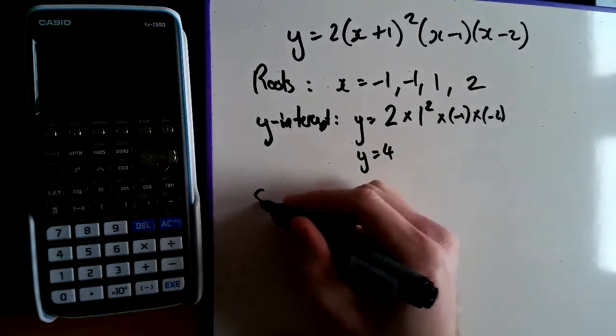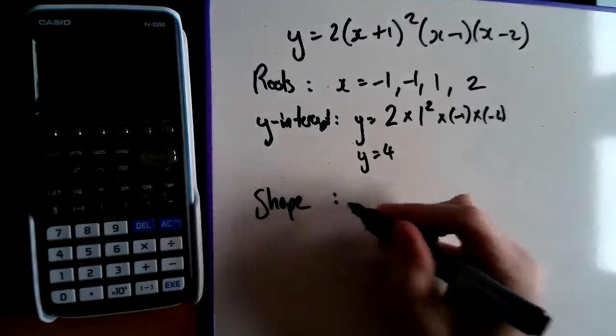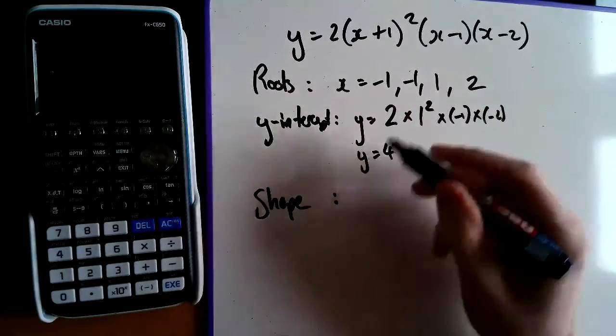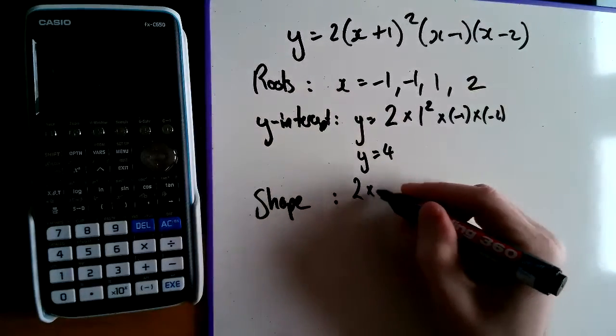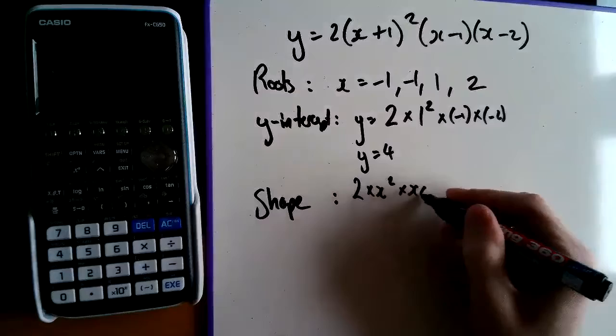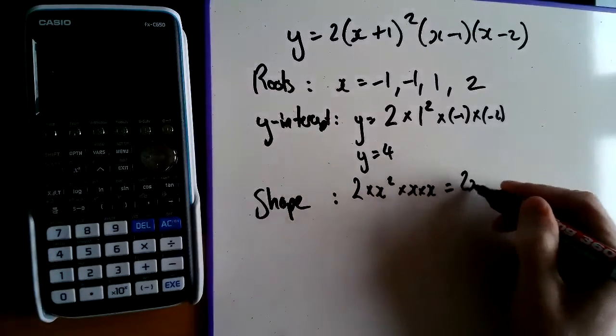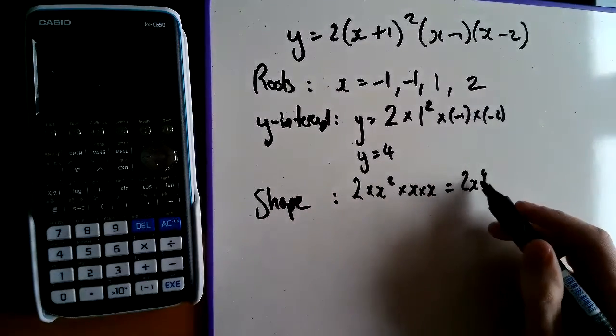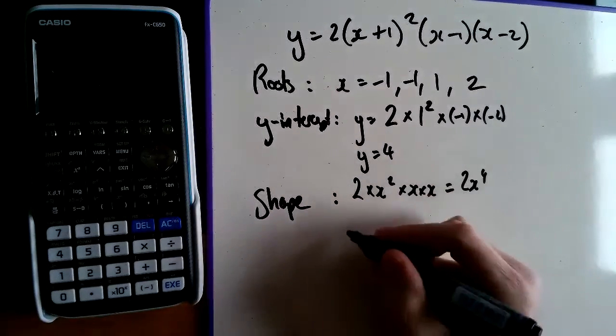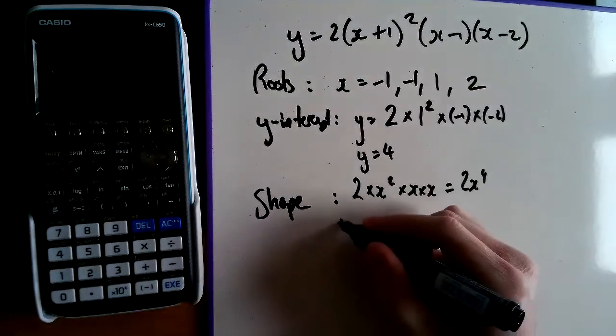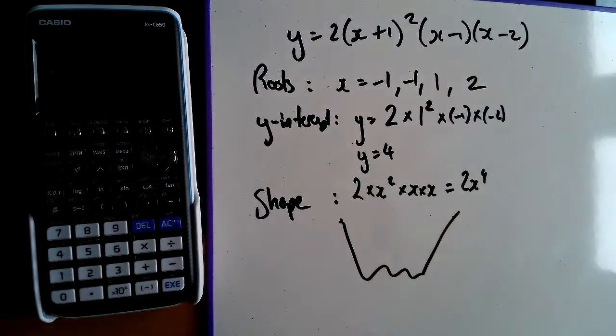And the shape, well, I'll get 2 times x squared times x times x. So that's 2x^4. So that's an even power and positive. So it starts up here and ends up here. So it's going to do something like that.